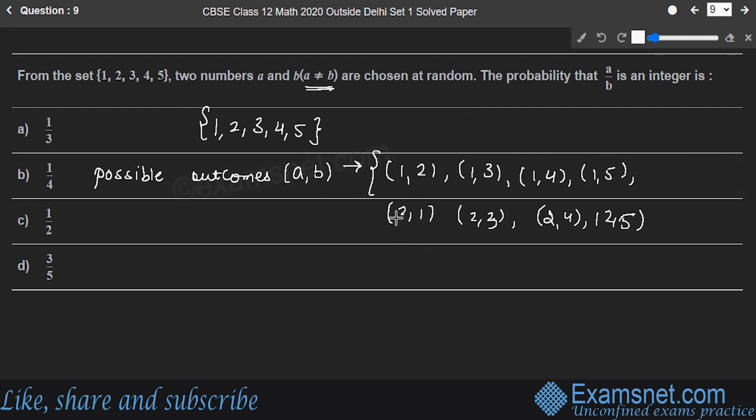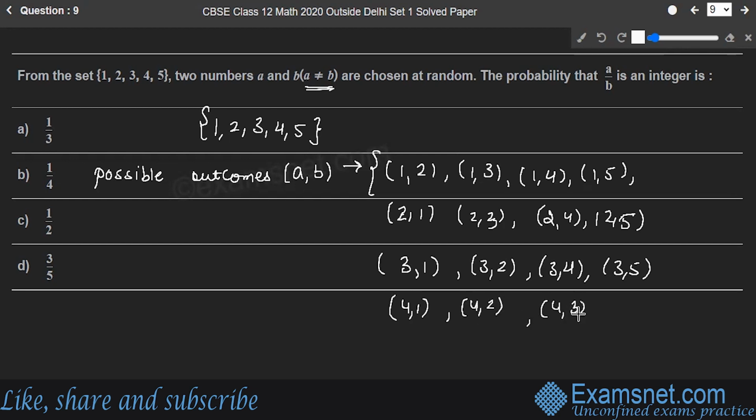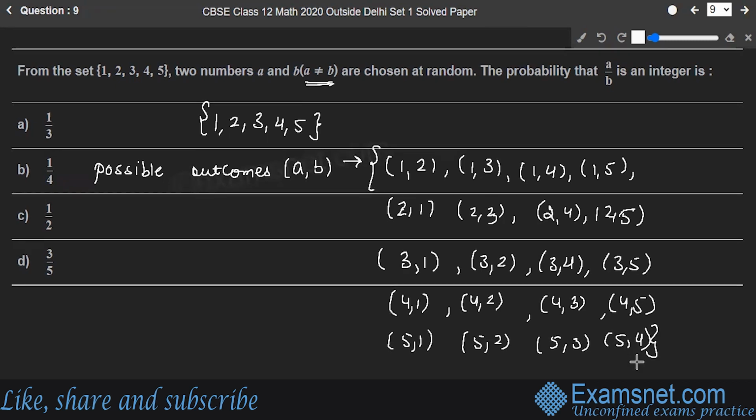Then you have 3, 1, 3, 2, 3, 4, 3, 5, 4, 1, 4, 2, 4, 3, 4, 5, and 5, 1, 5, 2, 5, 3, and 5, 4. So these are the possible outcomes.